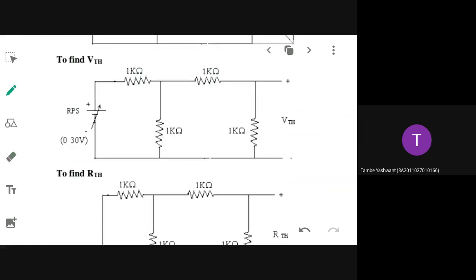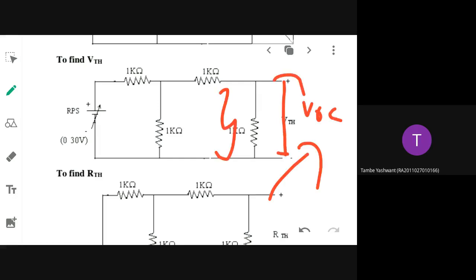Again, as usual, you want to find VOC. Whatever voltage appears here, the same voltage you will get as VOC. You can write a nodal equation, or solve by network reduction, and find VOC. Understood? Ma'am, will you please repeat the process for VOC?